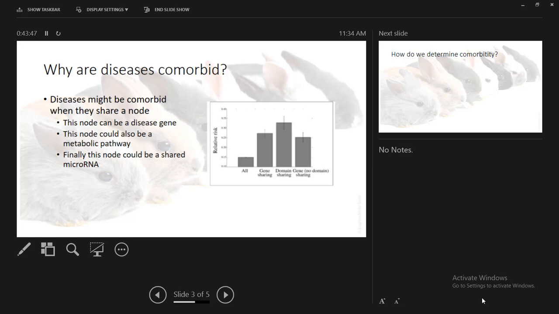And then these two are like, okay, given that they share a gene, if they share a gene where the mutation's in the same place, you're more than twice as likely. If they share a gene where the mutation is in a different place, they're less than twice as likely and less than what is overall. Okay, and the fact that this bar is closer to this bar than it is to this bar gives you an indication that a lot of times in these comorbid disease sharing, the mutations are in separate places.